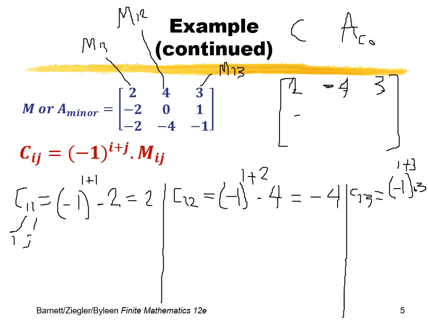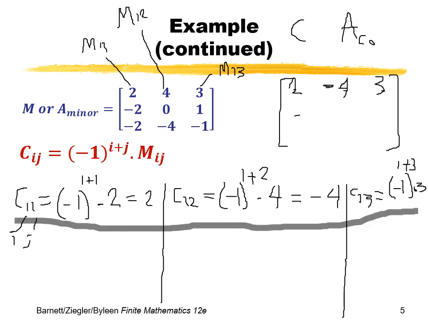The same way, C21 equal negative 1 power 2 plus 1 times M21, which is negative 2.